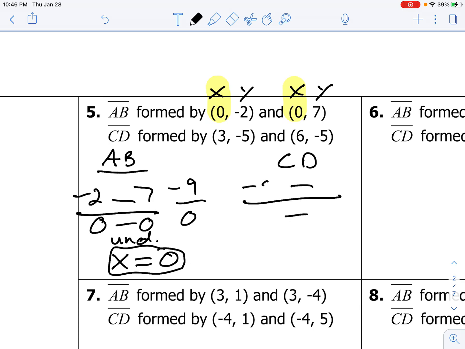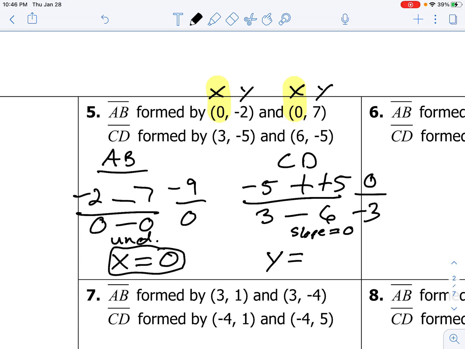Drop your y's down on top, negative 5 and negative 5, and then drop your x's on bottom, 3 and 6. So we've got negative 5 plus 5, which is 0. 3 minus 6 is negative 3. And 0 divided by anything is a slope of 0, which we know is a y equals equation.